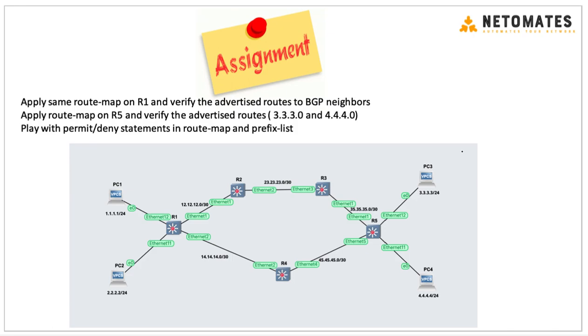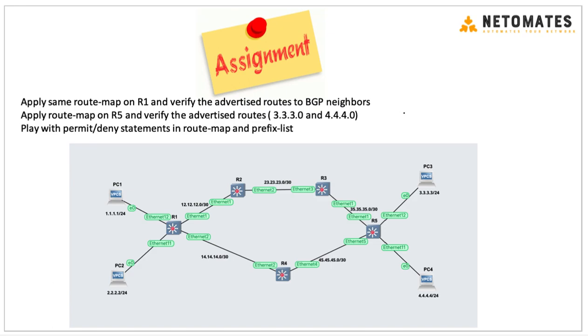So the lab for this class is to apply the same route map I discussed on R1, and verify you are only advertising routes 1 and 2 and not advertising 3 and 4. Then apply a similar route map on the R5 side. I didn't give the configuration, but you should create a prefix list, then a route map, and attach it to the neighbor in a similar way.